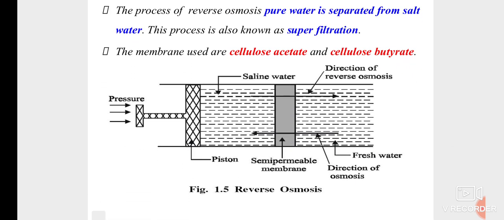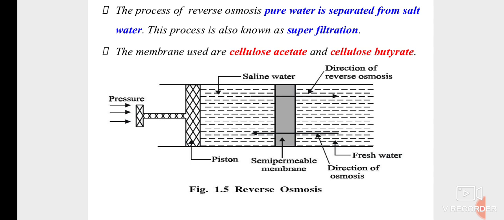So see the diagram. In this diagram, at the center the two different concentrations are separated by a semi-permeable membrane. The left side is the saline water, and the right side is the fresh water. Generally fresh water has a low concentration. You know very well, fresh water contains a low concentration, meaning the amount of salt dissolved in the water is very low or zero.